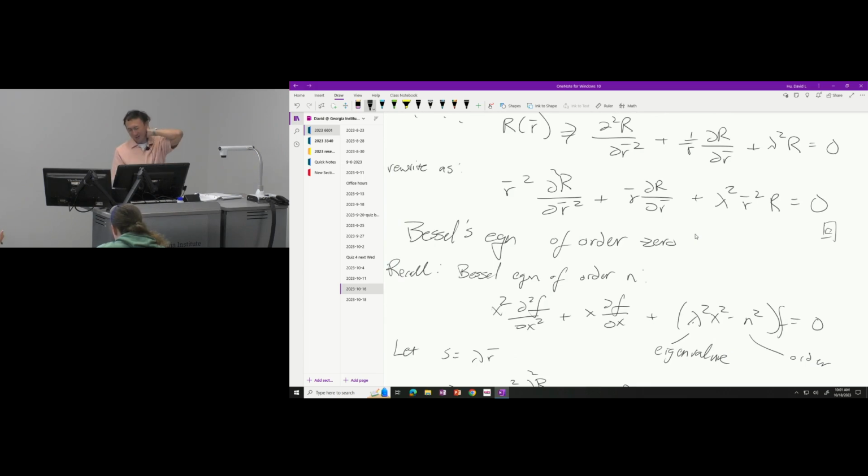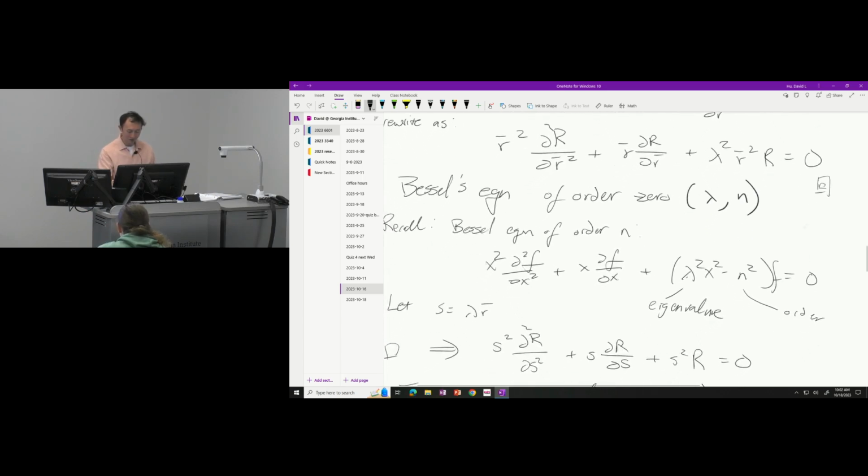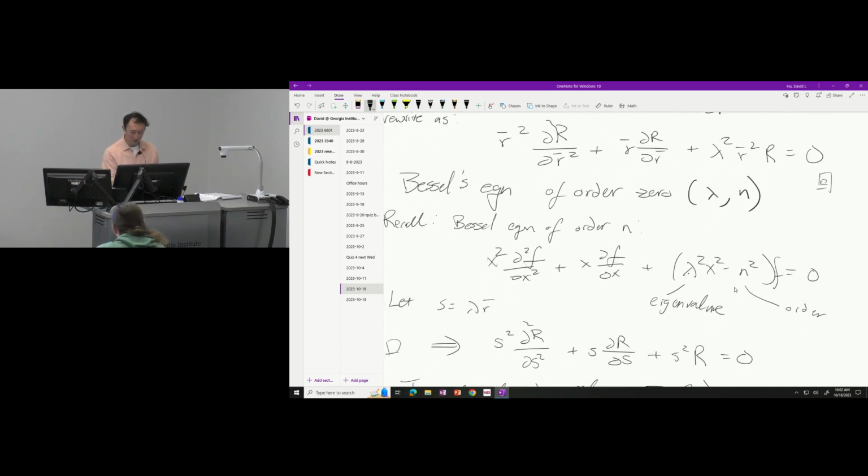Bessel's equations are one of many types called Sturm-Liouville problems, but this is probably all you need to know for the class. There are two parameters in the Bessel equation, one which is lambda, and the other which is the order. For this particular problem, n, the order of the Bessel function, was 0 because it didn't show up.